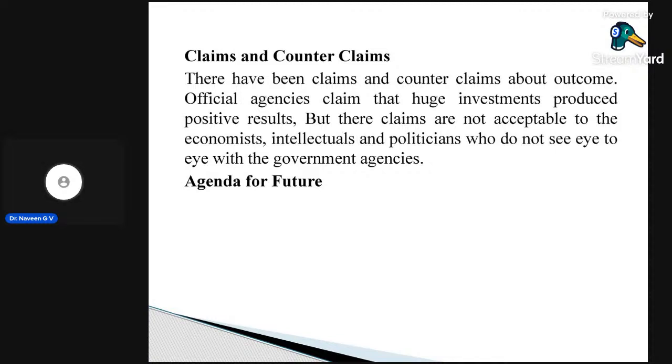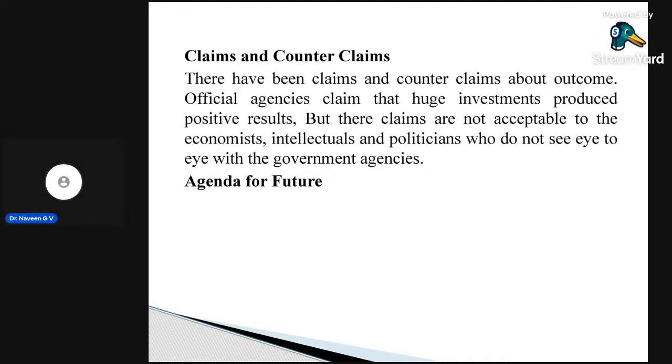Then there are claims and counterclaims about the outcome. Official agencies claim that huge investments produced positive results, but their claims are not acceptable to the economists, intellectuals, and politicians who do not see eye to eye with the government agencies.